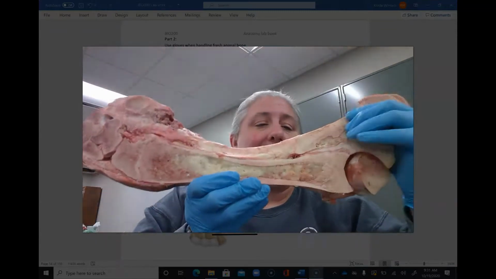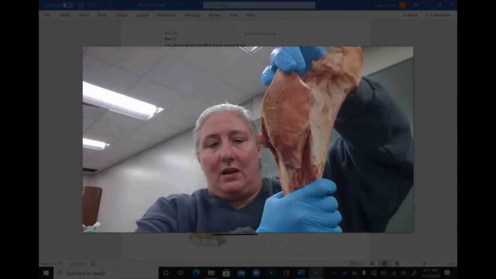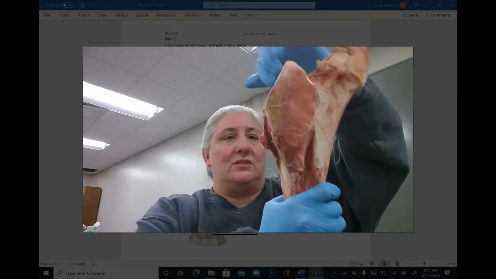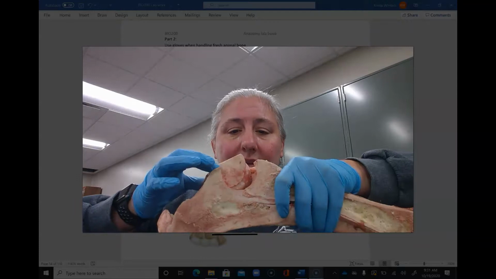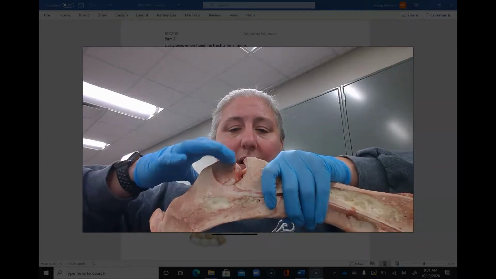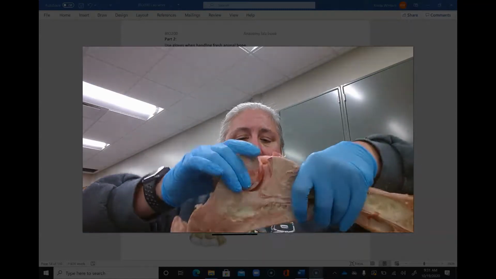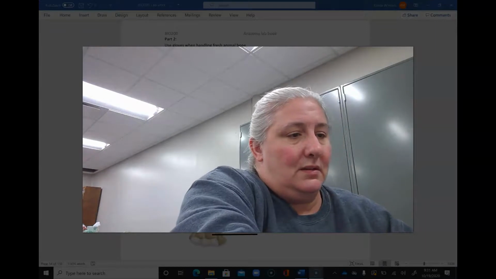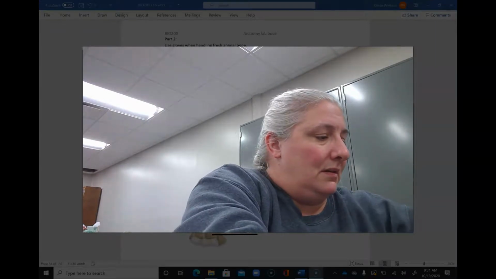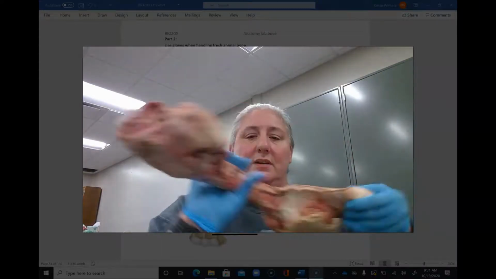So what we can see on the femur, we can see right here. Do you see this structure? So this is a very frozen femur, but you can see right there, this is a ball here. Maybe this is a better picture.